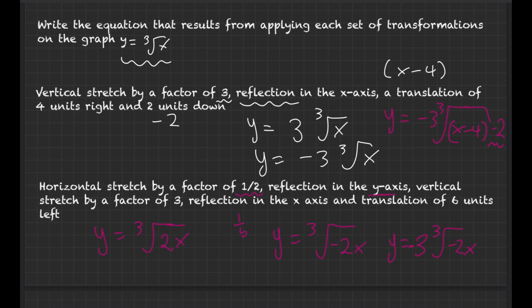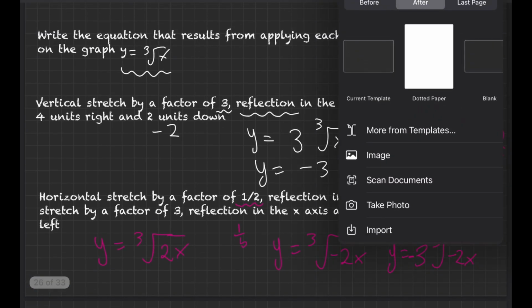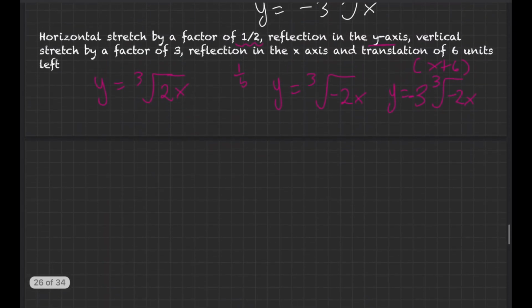And then translation of 6 units left would mean it's x plus 6. So putting it all together, I'm just going to make another page. We would have y is equal to negative 3 third root of negative 2 in brackets (x plus 6), and then end there.